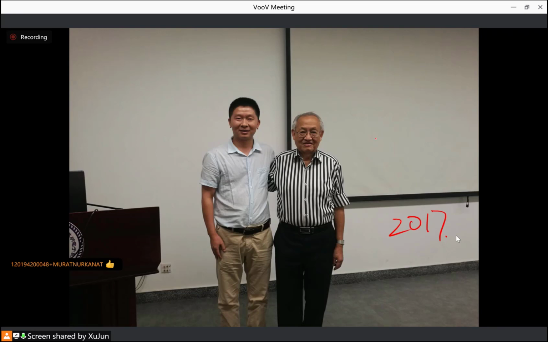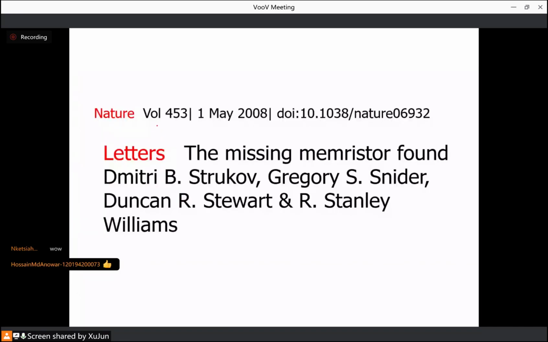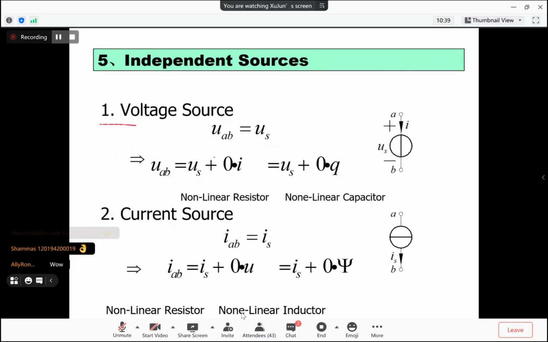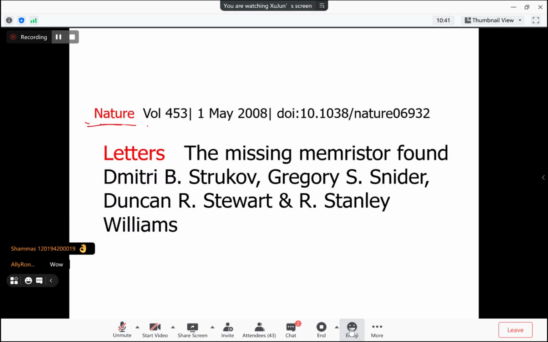Professor Chua is now maybe around age 83. He raised the concept of the memristor. Okay, this is a paper in Nature. You can find this paper.